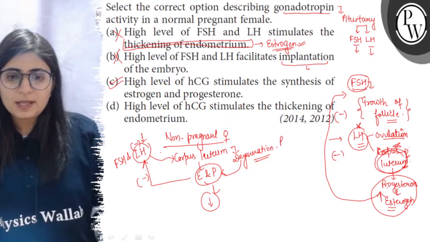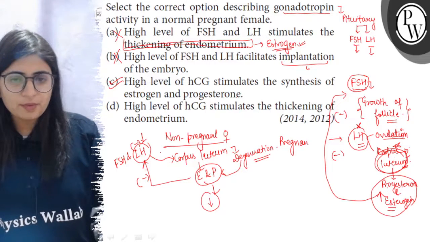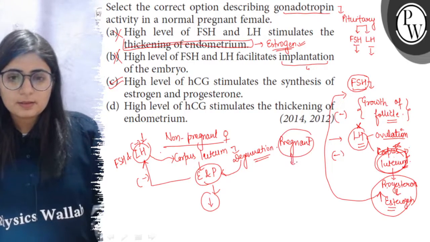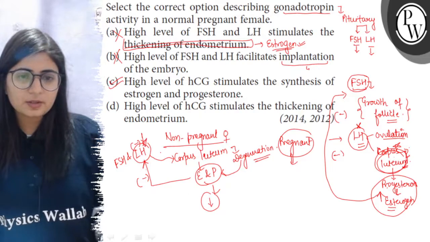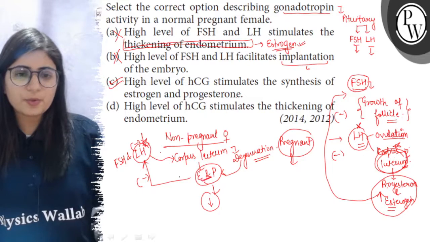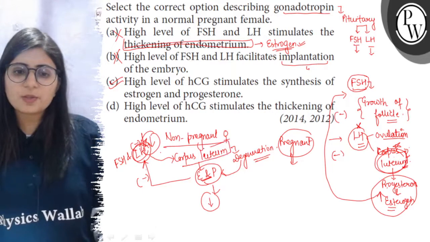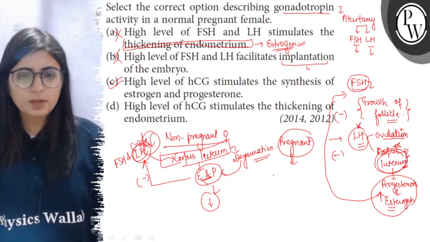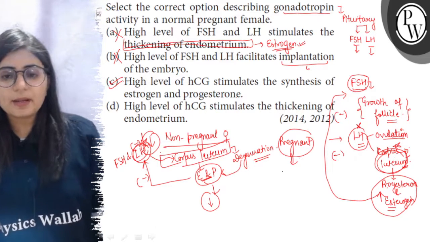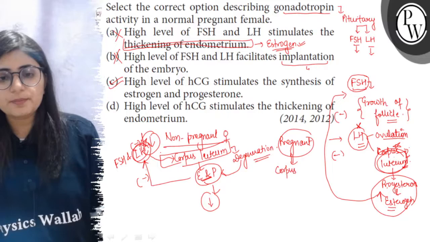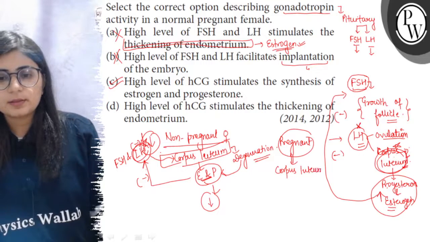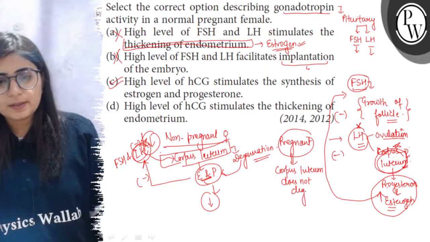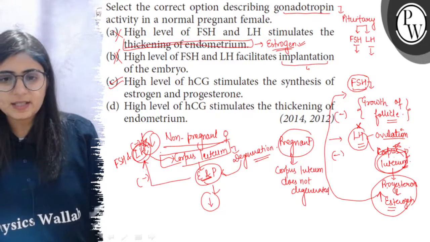But if the female is pregnant, this sequence will be there too: negative feedback control of estrogen and progesterone on LH, so the LH level falls. So the corpus luteum should break down, but in pregnant females the corpus luteum doesn't degenerate, and it is because of the hormone HCG.